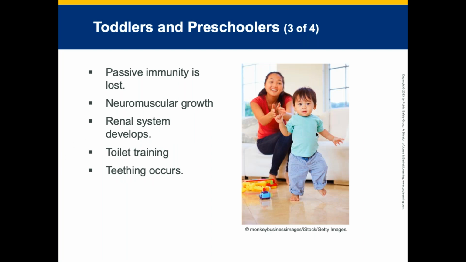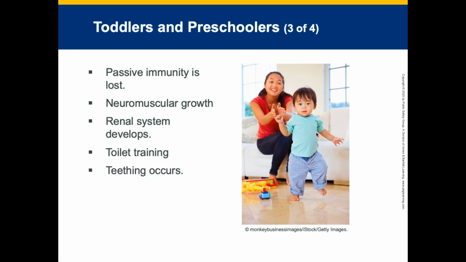So other things as well with preschoolers and toddlers are that the loss of passive immunity starts to occur. We start seeing more neuromuscular growth because they spend a great deal of time finding out exactly how to use their nervous system and muscles. So walking, toilet training, teeth start to develop more, the renal system starts to develop. They learn how to touch, pick up, feel, and start understanding certain things are bad, certain things are good.